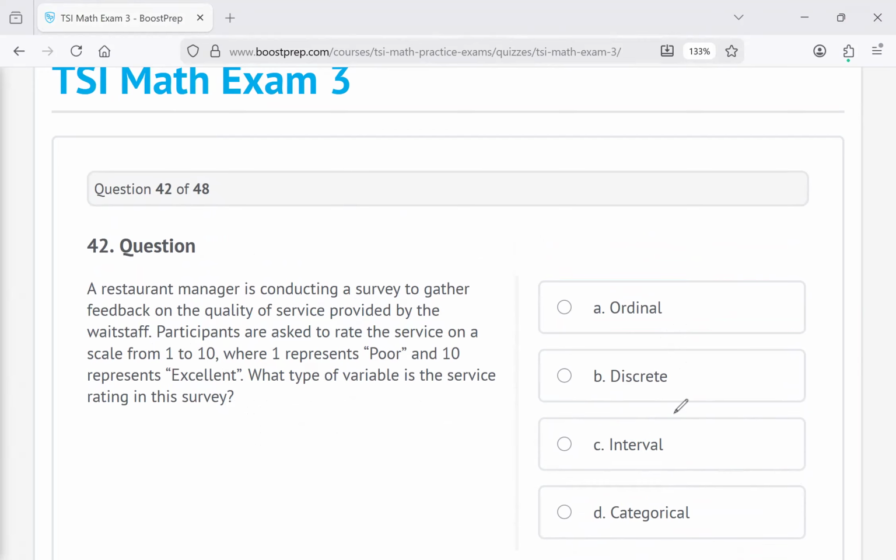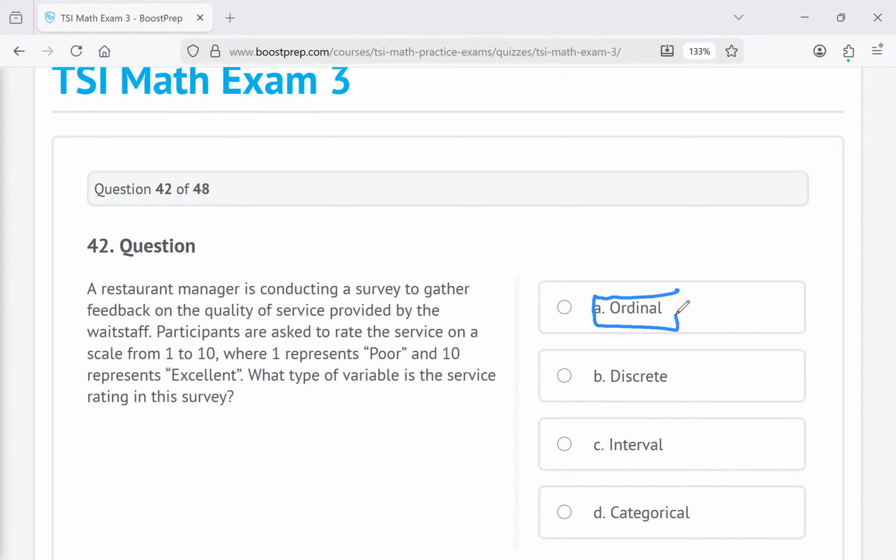I think it would be interval because when we're doing scaling 1 to 10, let me double check. Yeah, not interval, I mean, ordinal, sorry.